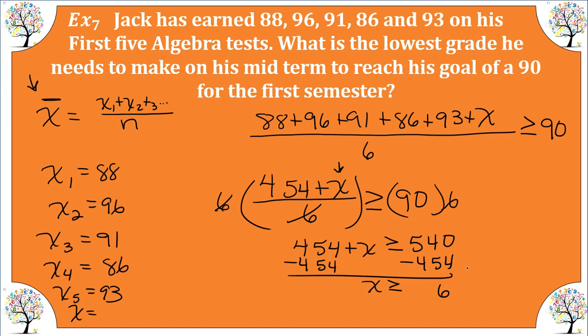Let's do this just to double check. I don't want to have to redo this. Yes, 86. So he needs to make an 86 or better to make a 90 for his final average.